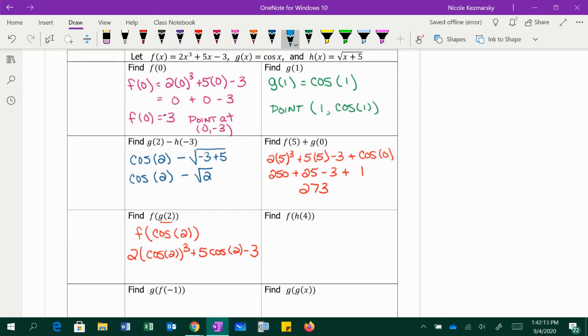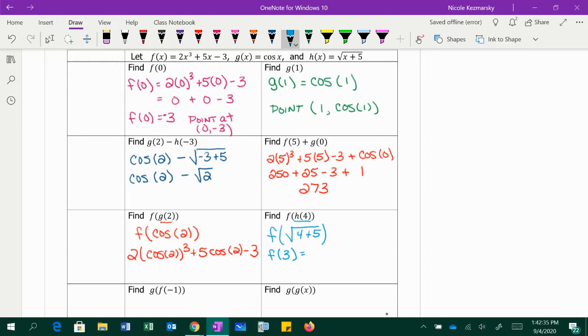Next one is f of h of 4. So I'm going to start with h of 4. I'm going to leave the f in front. H of 4 means I'm going to do square root of 4 plus 5. So 4 plus 5 is 9. Square root of 9 is 3. So that turns this into f of 3.